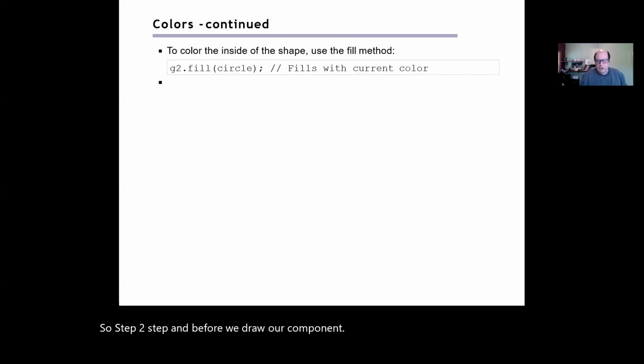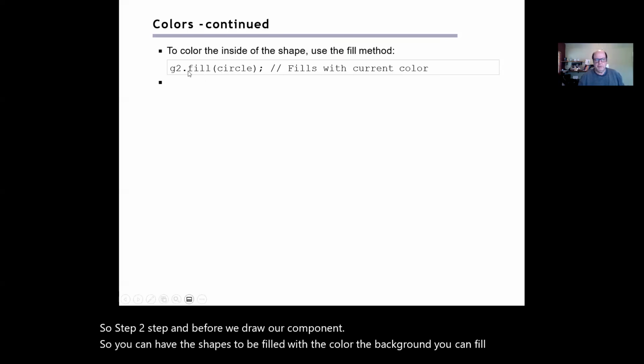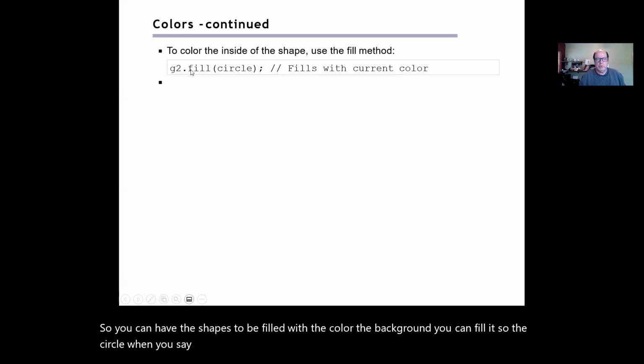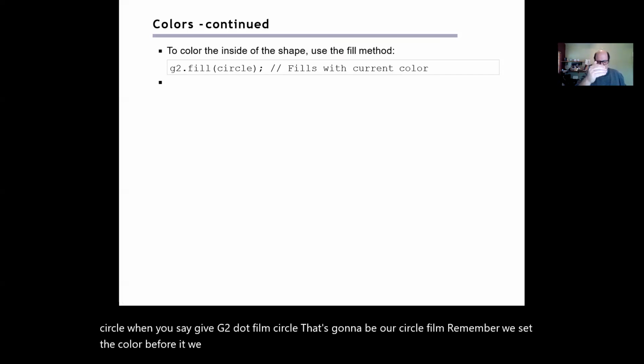You can have the shapes filled with the color, the background, you can fill it. So for the circle, when you say g2.fill circle, that's going to be our circle fill. Remember, we created the color object, we set it, and then when you draw the fill, it's going to fill it with that color.